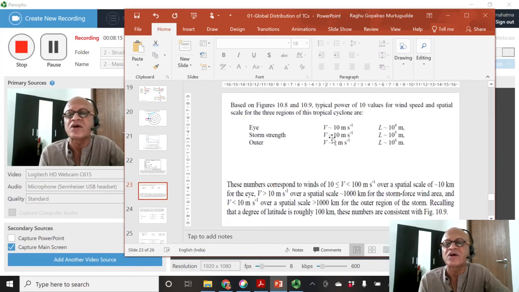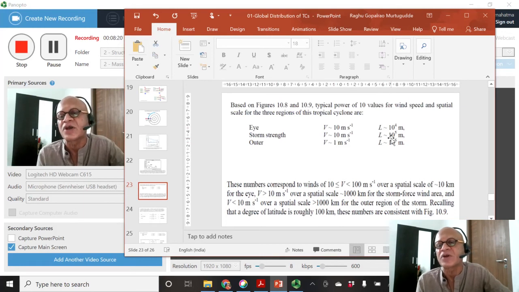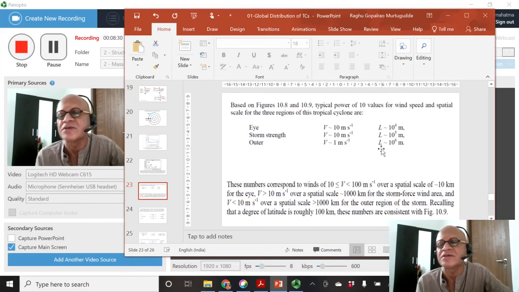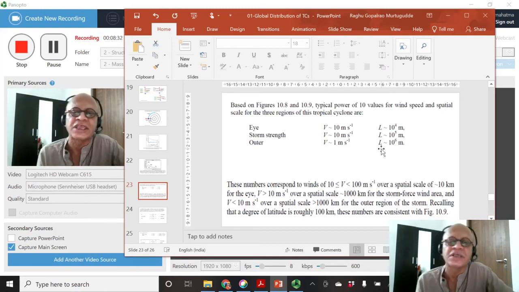Storm strength of order 10 meters per second happens at about 100 kilometers, and at the outer edge you have velocities dropping off to 1 meter per second, and that's happening at 1,000 kilometers. So from 10 kilometers to 1,000 kilometers.